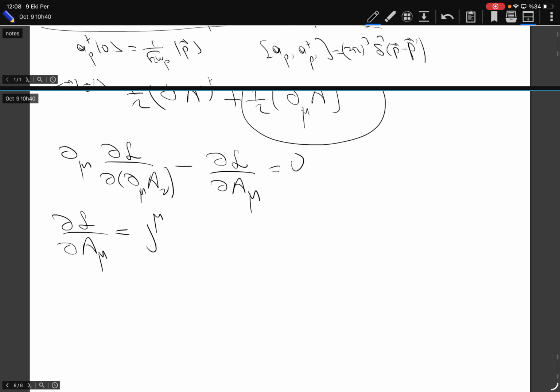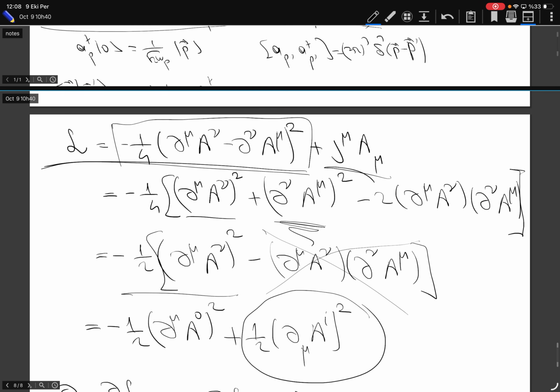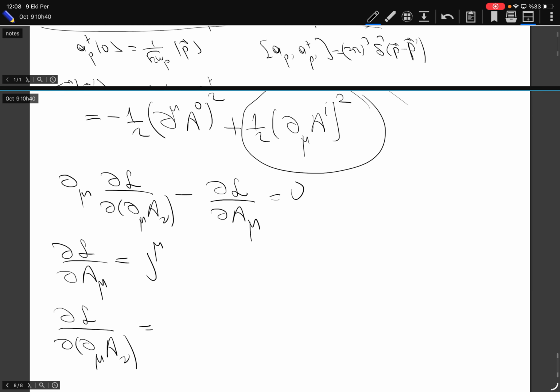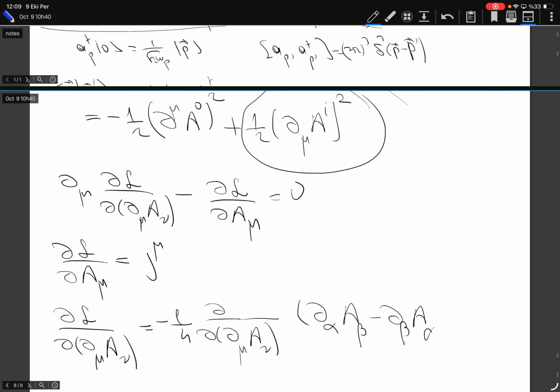Well, let's look at del L by del (del mu A nu). Okay, I emphasize mu and nu are not dummy indices in this derivative. They are explicit indices, free indices. But the mu and nu in my Lagrangian are the dummy indices. So this will be equal to minus 1 over 4 del over del (del mu A nu) of (del alpha A beta minus del beta A alpha) squared.